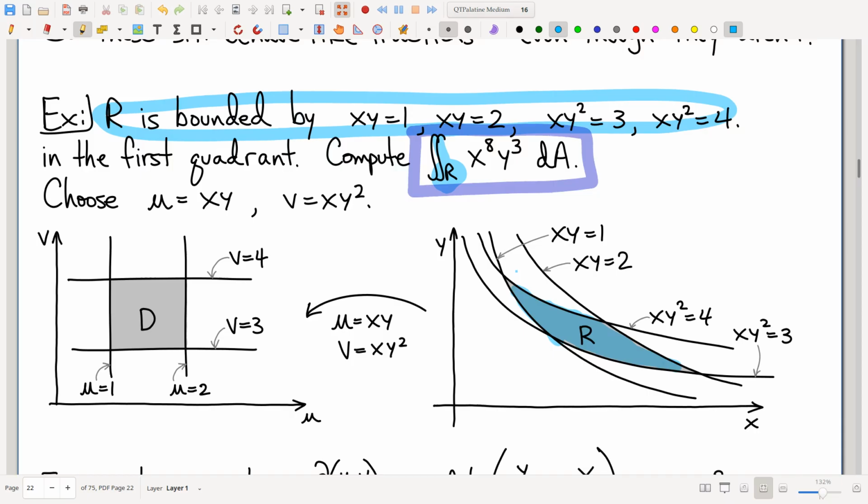That's a good exercise, by the way, to think through what these curves look like, and I've got them drawn here, and think about how those curves relate to each other. If you get stuck on that, if you're not sure how to deal with that, come talk to me in office hours. I'll be happy to help. But you get a region that looks kind of like this.